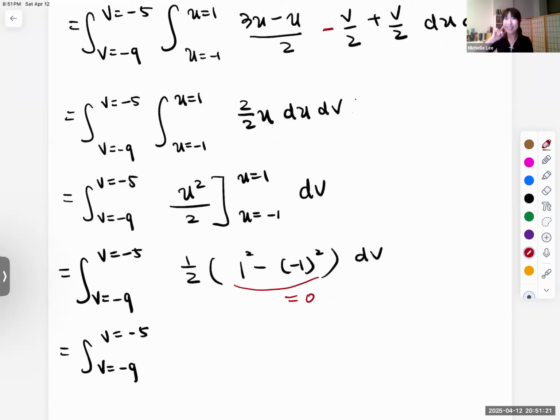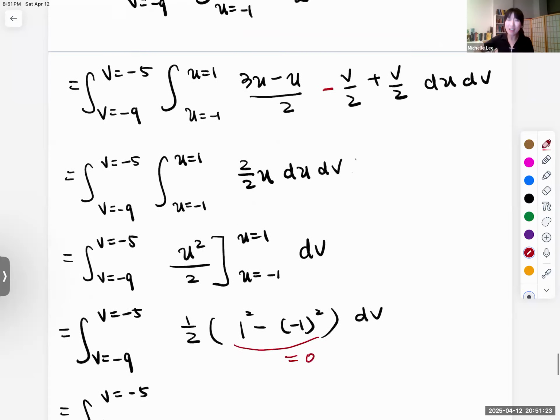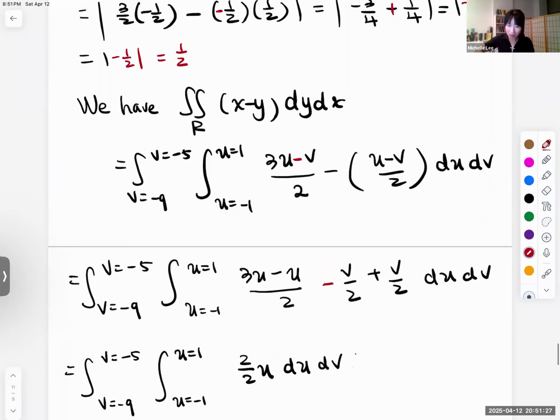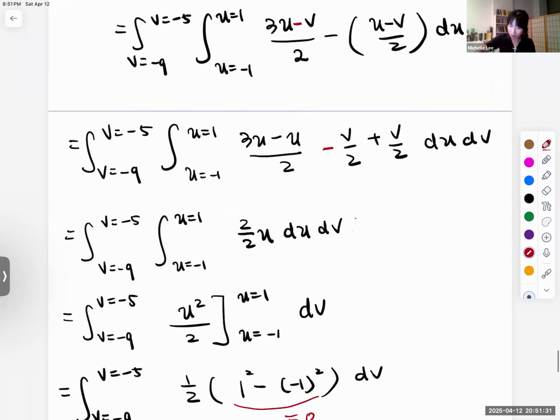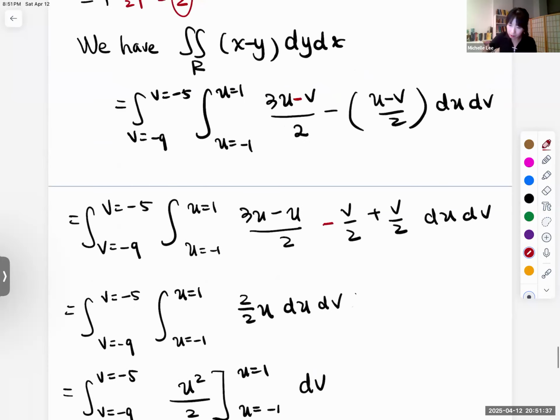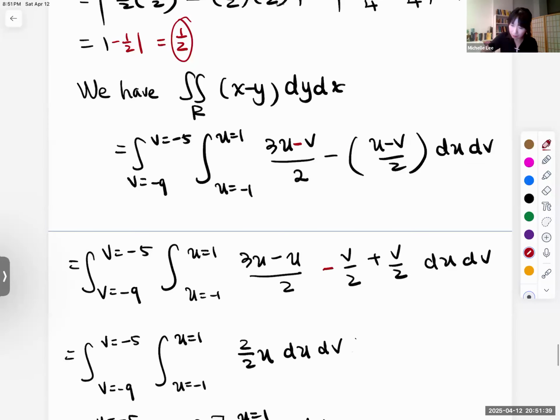And also, I made a mistake again, right? I'm very sorry. So the Jacobian 1/2 I did not put there, right? So this is from the Jacobian, 1/2.